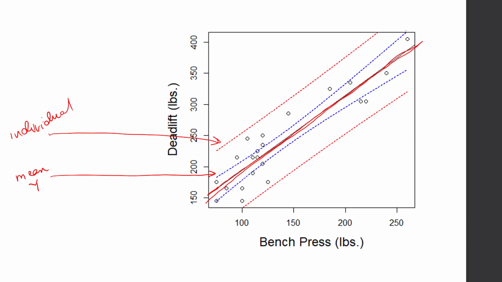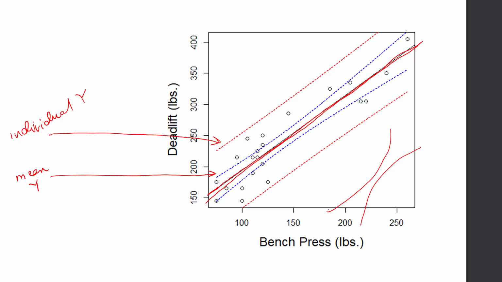So what I want you to know about these is that your prediction intervals for one are going to be wider than your prediction intervals for the average response. All right, another thing that I want you to notice is, it's kind of hard to see on the outer red lines, but you can see it on the inner blue lines. Notice that they curve like this.